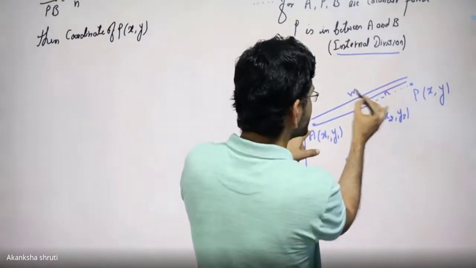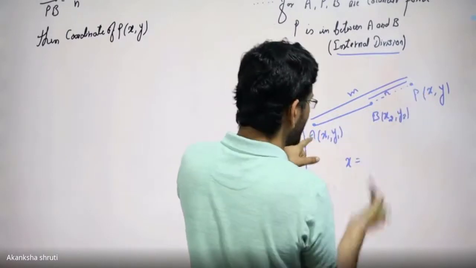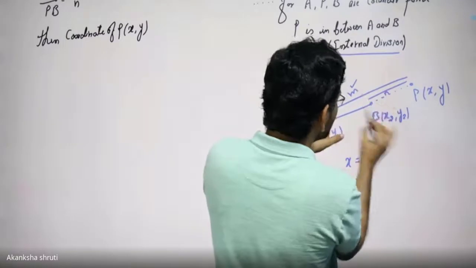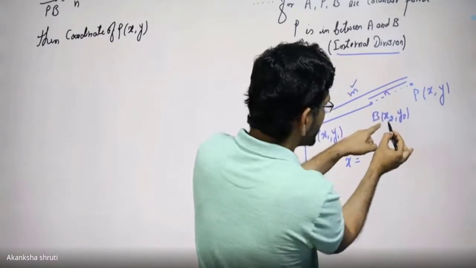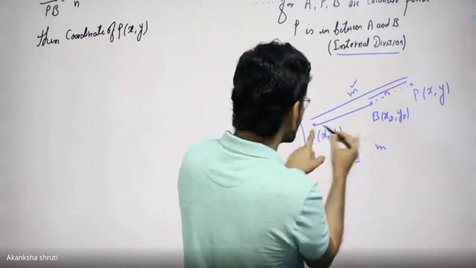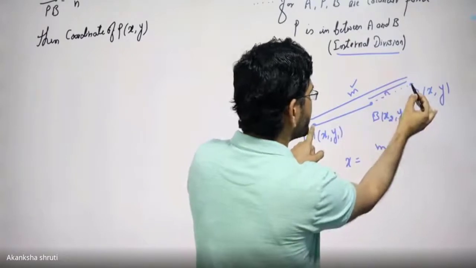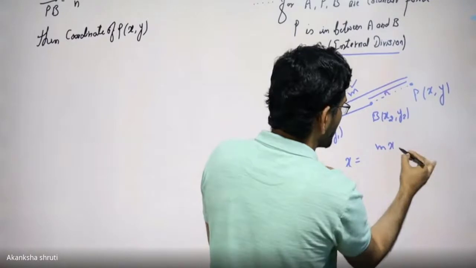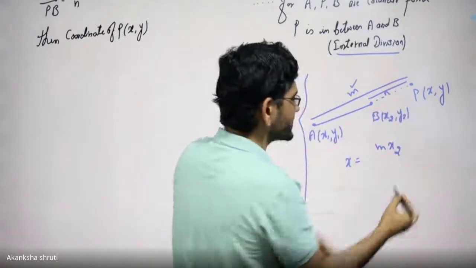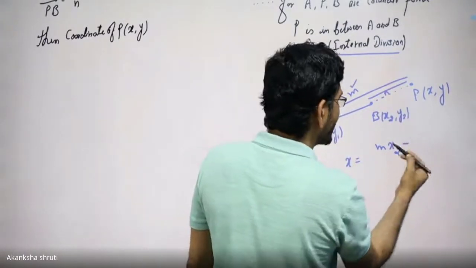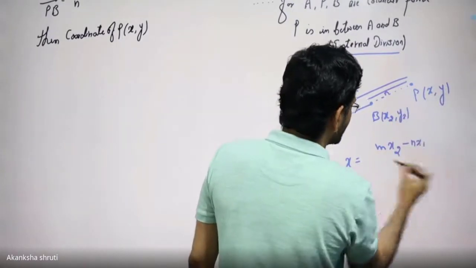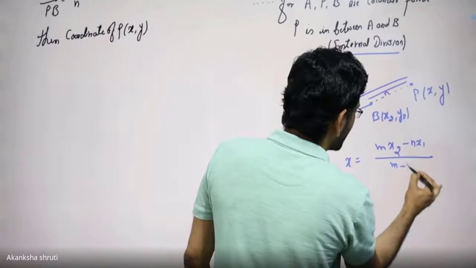Keep in mind, it is m which is touching P and A. So considering this m, we need to multiply that coordinate which is not touching this m. It is x2. But since this P is outside, now we need to take the negative sign. That's the only difference. m x2 minus n x1, divided by m minus n.